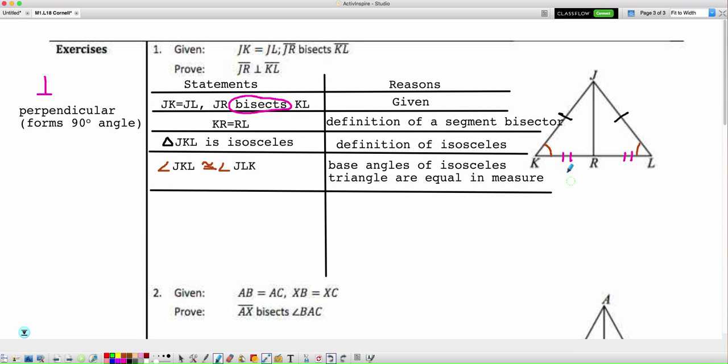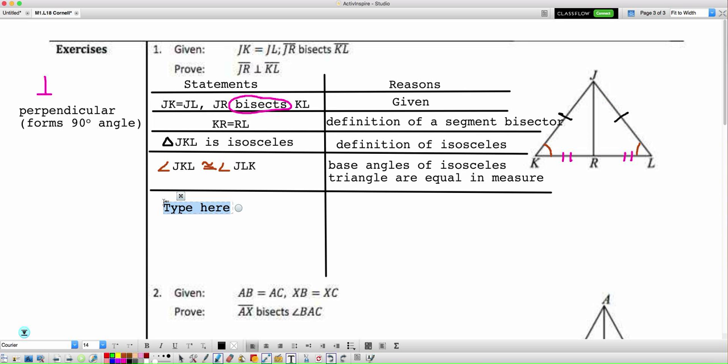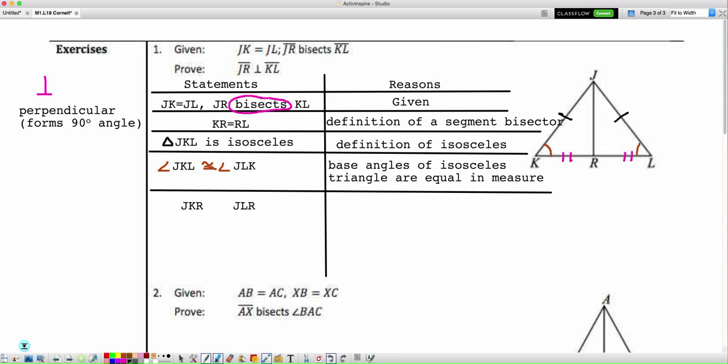Now again, notice that I've got two triangles in here that I can compare to each other. So this triangle on the left, JKR, has a side, an angle, and a side on it. And if I look at this triangle on the right, it also has a side, an angle, and a side. So I can say that triangle JKR is congruent to JLR. Keep in mind those orders of letters matter. So triangle JKR is congruent to triangle JLR.